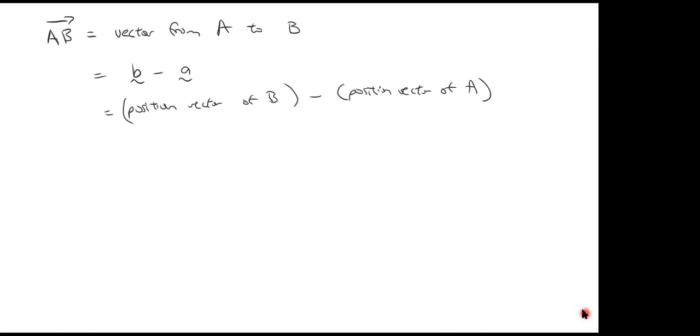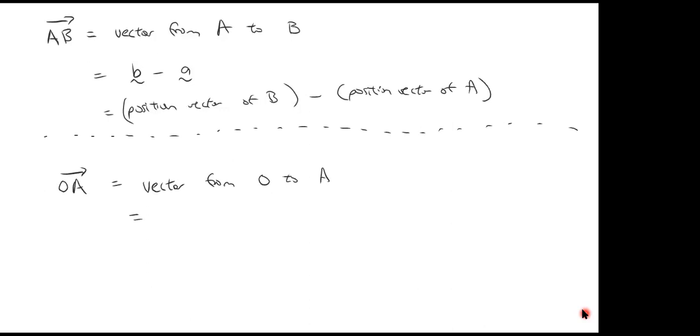Now, one way to think about which way to subtract, I suppose, is I think we all agree that OA is the vector from O to A, right?